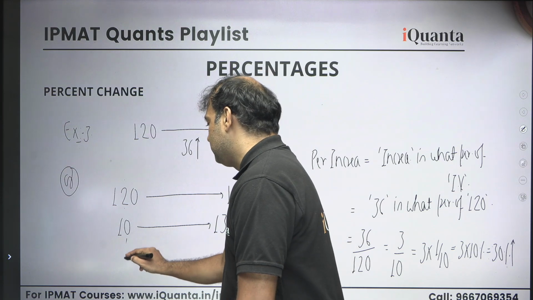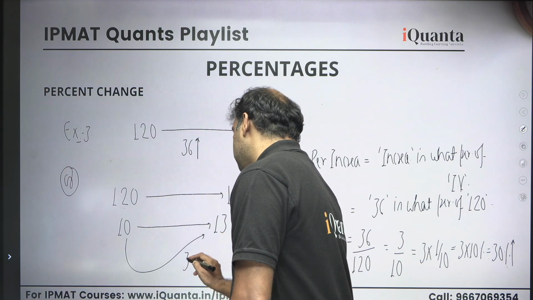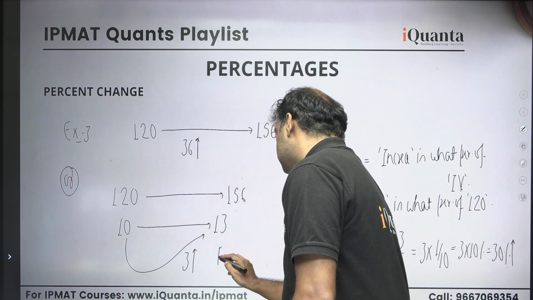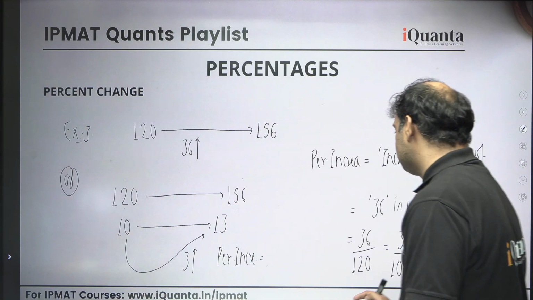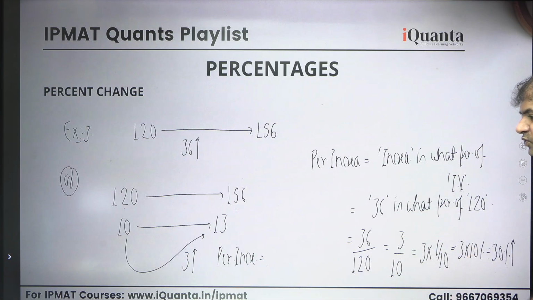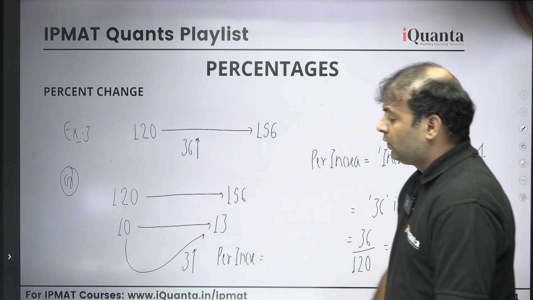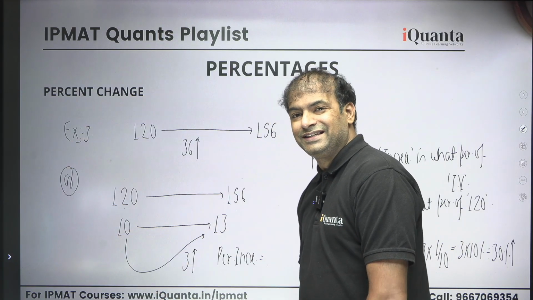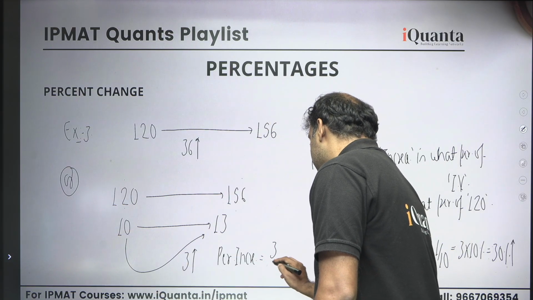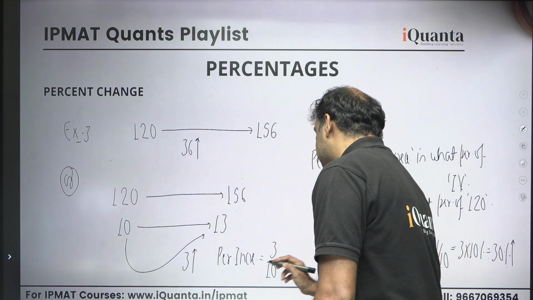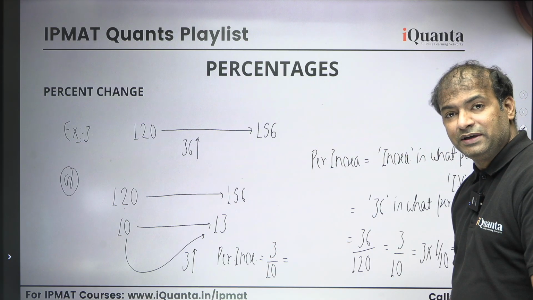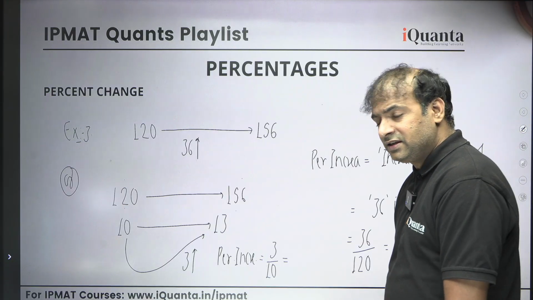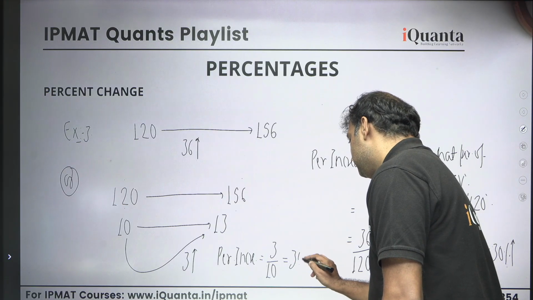Now look at this, the increment here is 3, and what will be the percentage increase now? I just told you that it is nothing but that increment is what percentage of the initial value. Now the increment is 3 and the initial value is 10, so it is again 3 by 10, and 3 by 10 is 3 into 1 by 10, where 1 by 10 is 10%, so 3 into 10% is 30%.